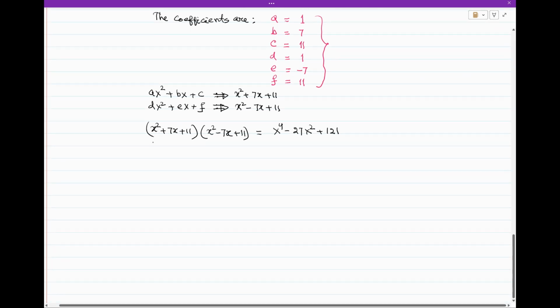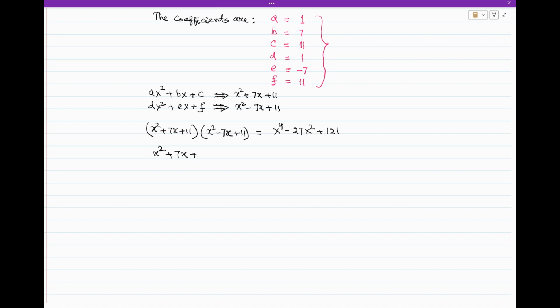And we are not only required to find out the two quadratic expressions, we are supposed to find out their sum. So what is their sum? x square plus 7x plus 11 plus x square minus 7x plus 11, and that is equal to 2x square.